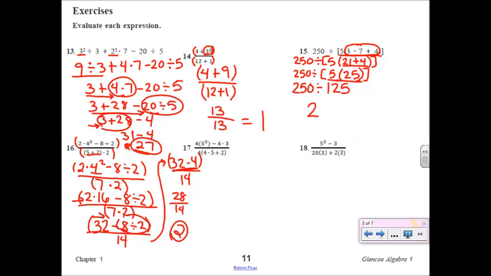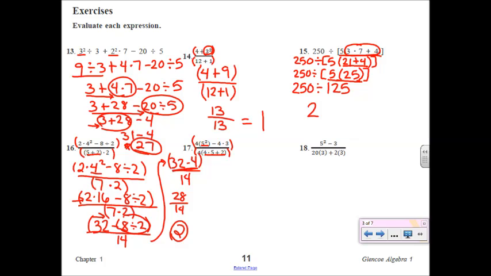In number 17, parentheses around the top and bottom to start to remind ourselves. And we are going to do the stuff in the parentheses, which is really just 5 squared on top. And then on the bottom, 4 times 5 plus 2.